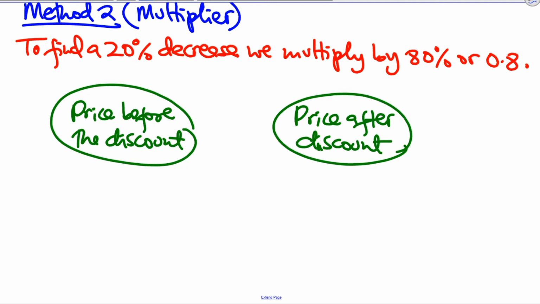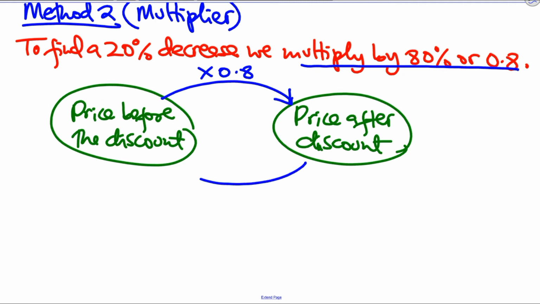Now, for us to get the price after the discount, we have to multiply by the multiplier, okay, which is 0.8. So we multiply by 0.8, which means if you want to find the original price, the opposite of multiplying by 0.8 is dividing by the multiplier, which is 0.8.